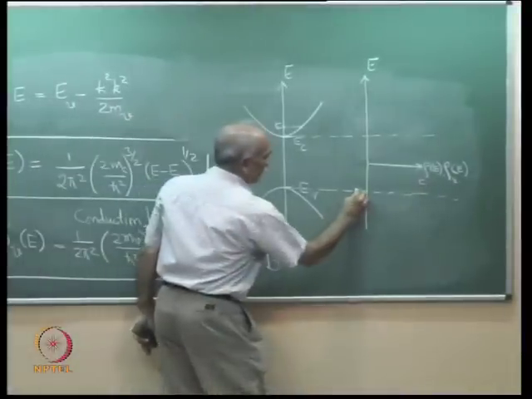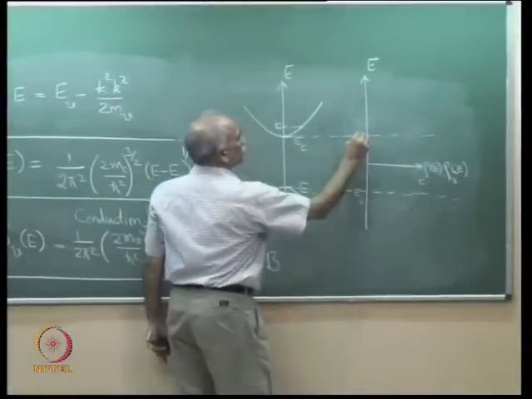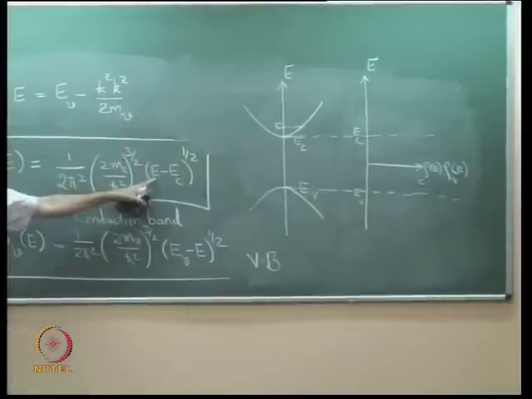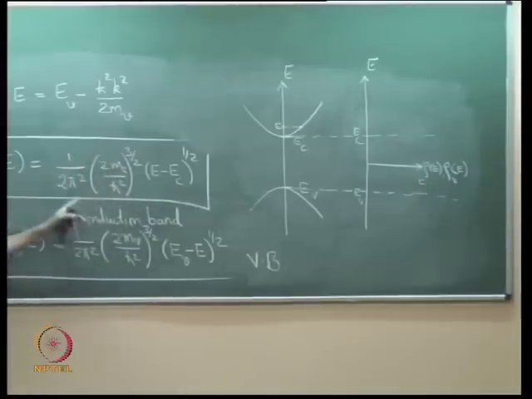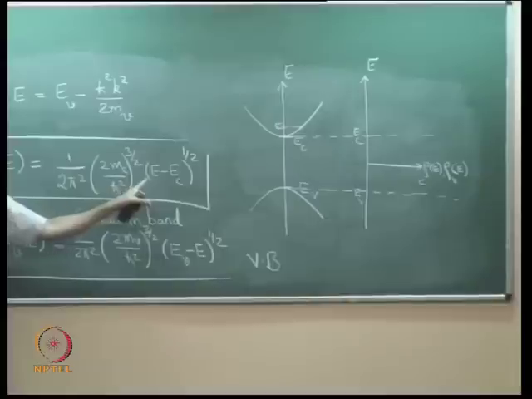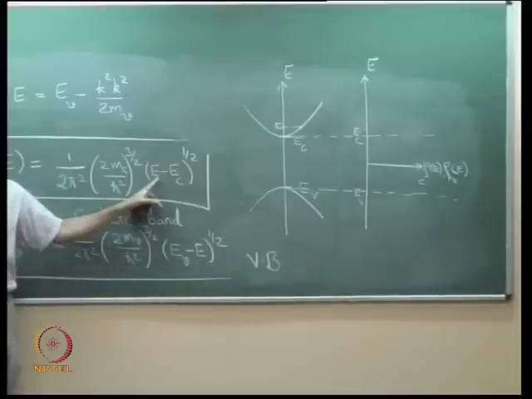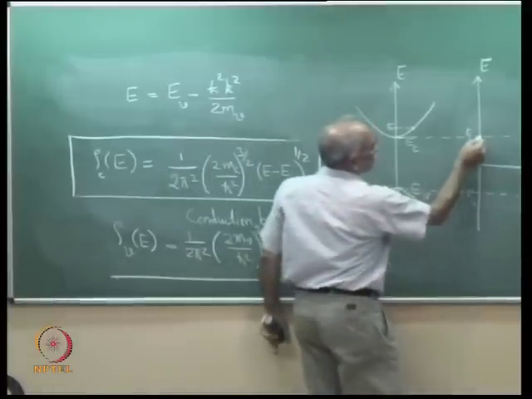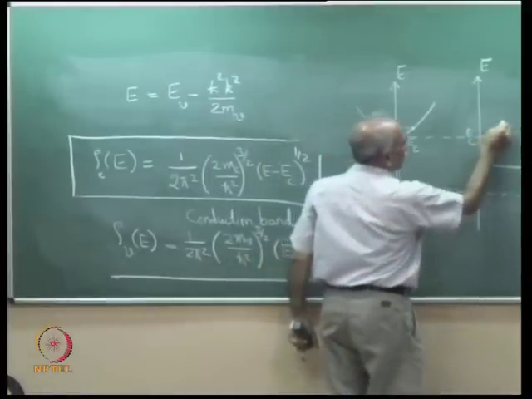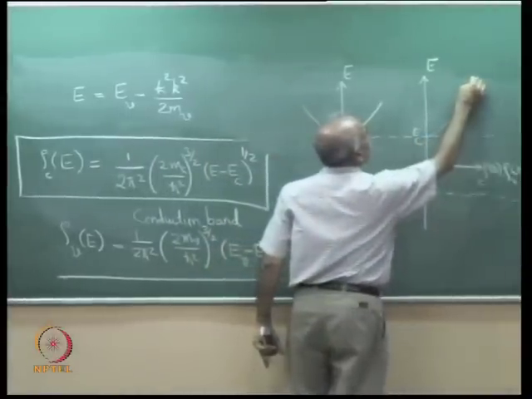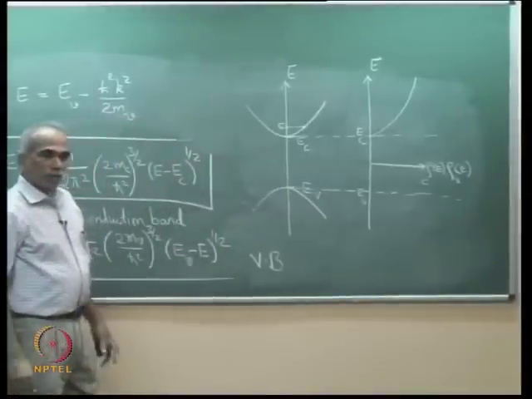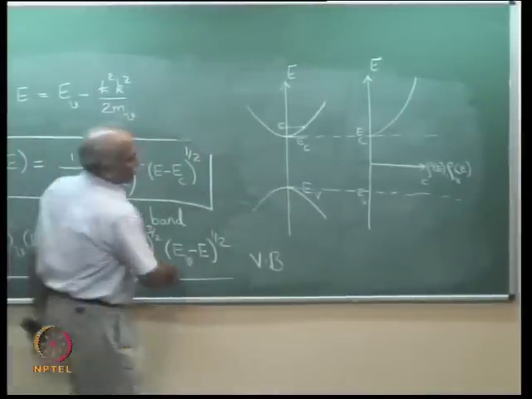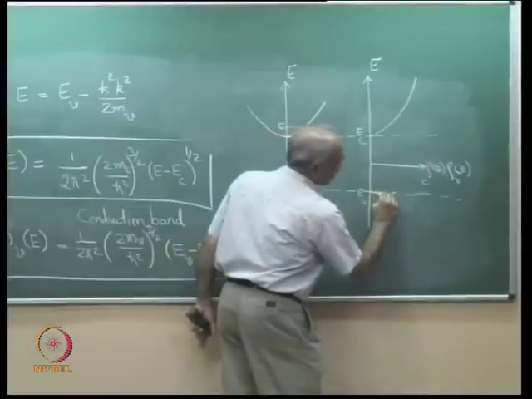So this value here is EV, this value here is EC. How does it vary with energy? All of these are constants for the conduction band, only energy is the variable, so it varies as square root of E, which means with E this would vary like this. And similarly for the valence band, this would vary like this.